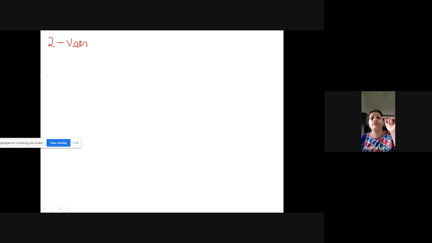The number of cells to be drawn is 2 power n, where n is the number of variables. In this case, it is a two variable function, so n becomes 2. So 2 squared is equal to 4. It means you will have a K-map with 4 cells.